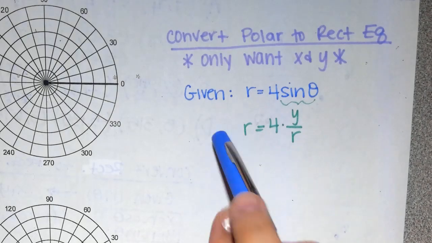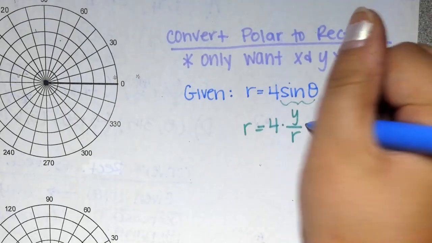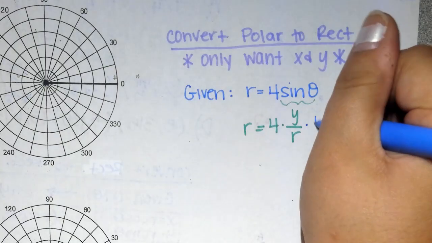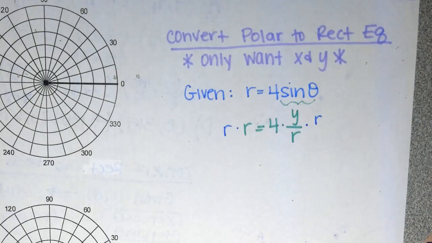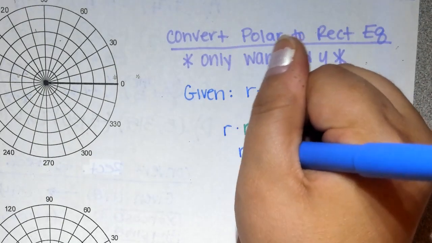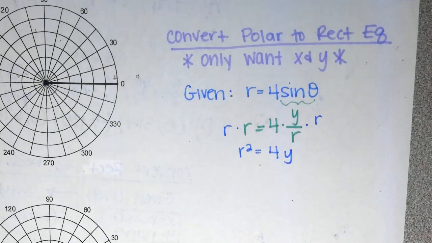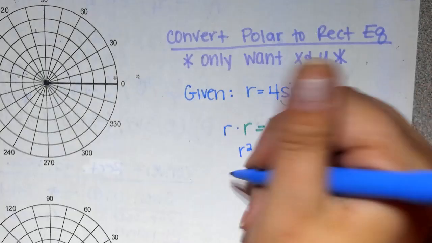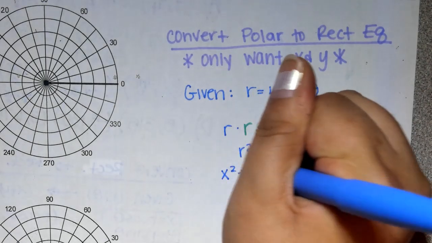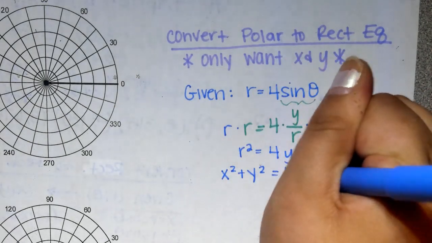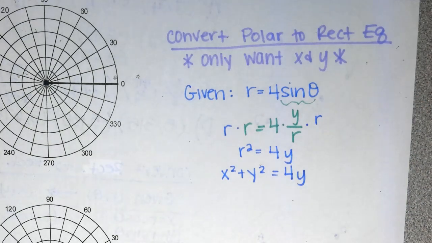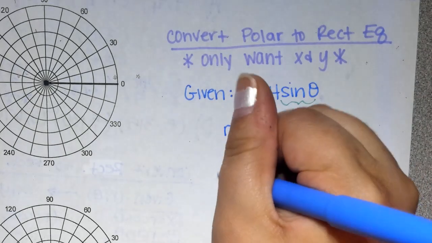If I have r's on both sides, I cannot cancel. I can multiply them. And what is that going to give me? What do I know about r squared? It is x squared plus y squared. Do I have only x's and y's? I'm done.